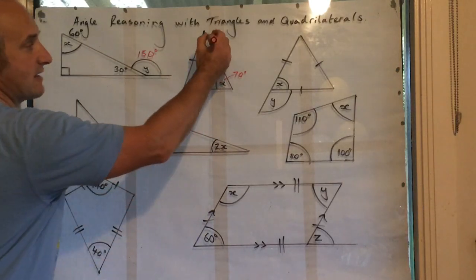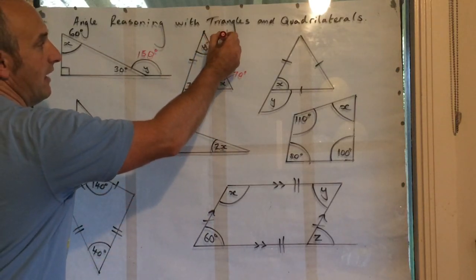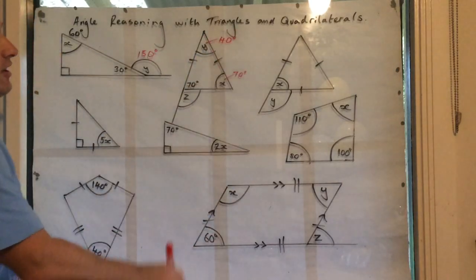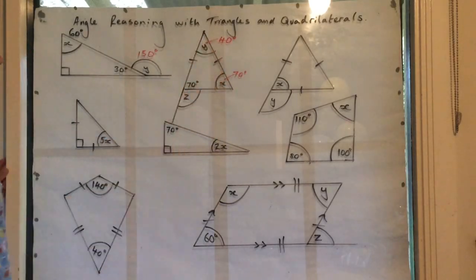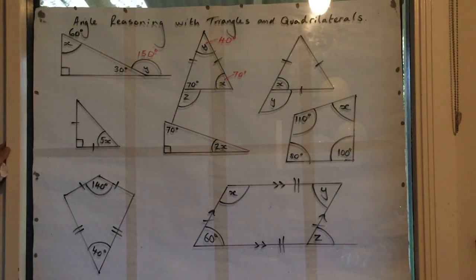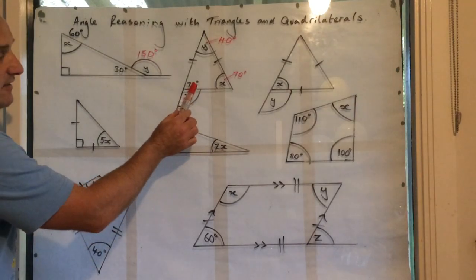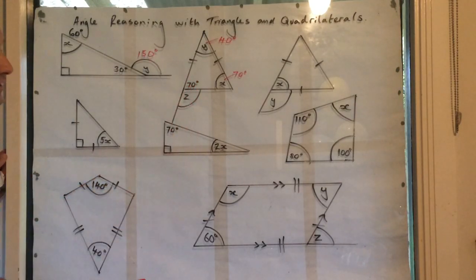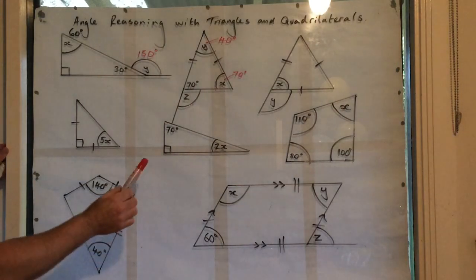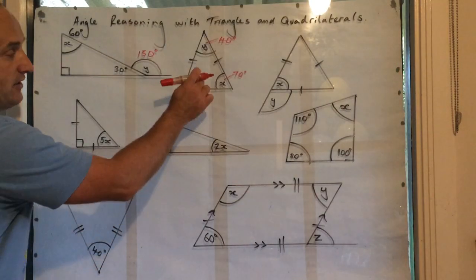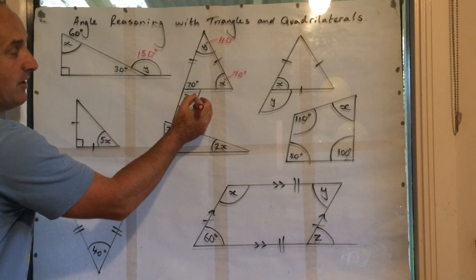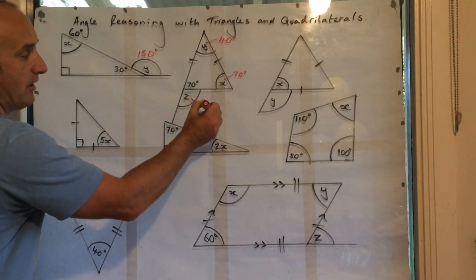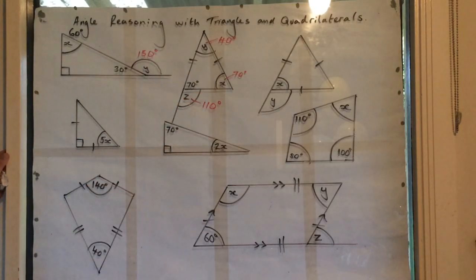So this last angle here has to be 40 degrees, because they all have to add up to 180 degrees. Here, if this is 70, these two are supplementary angles, so these two have to add up to 180. So this angle here must be 110 degrees.